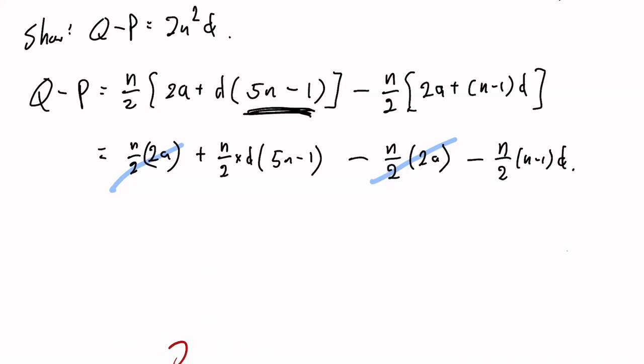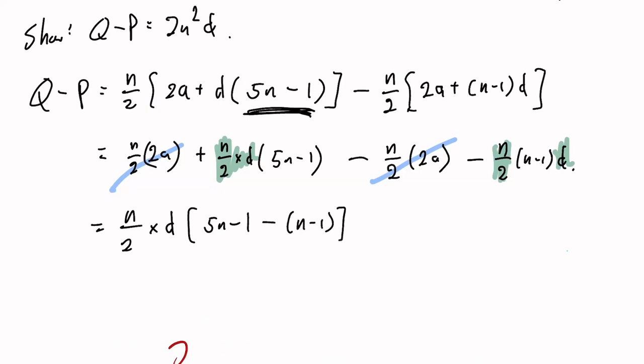Anything to factorize? Yes, n over 2 times d. Factor out that n over 2 times d. What are you left with? 5n minus 1, subtract (n minus 1). Is that clear? Maybe I'll highlight it. Positive 5n minus 1.